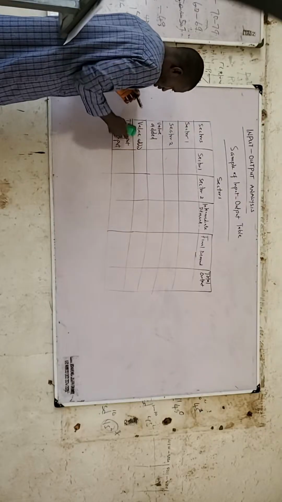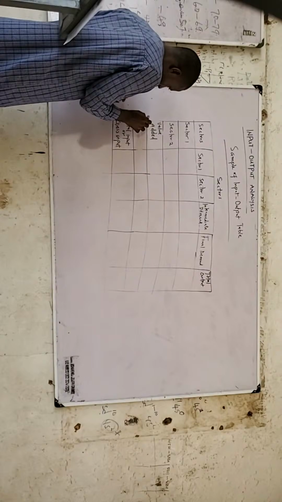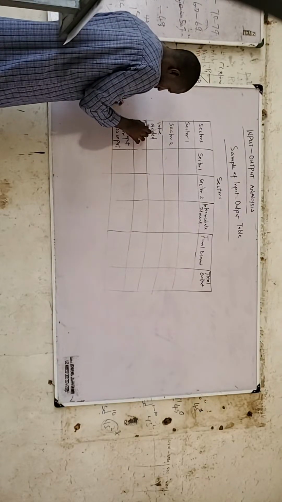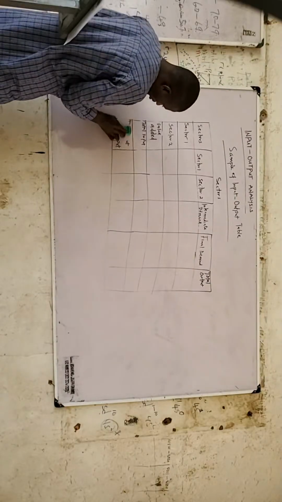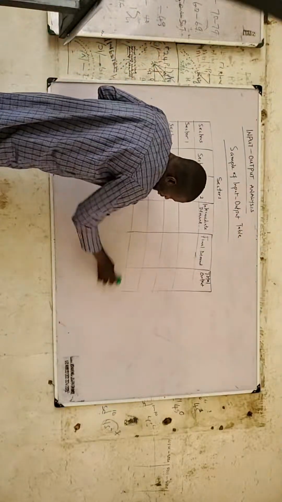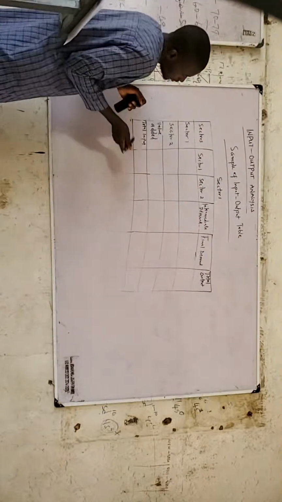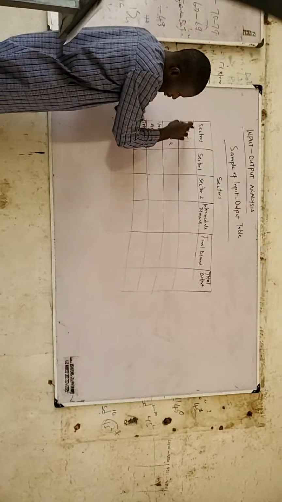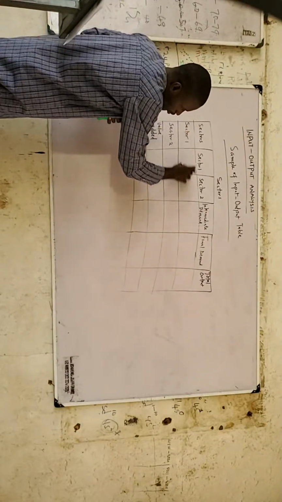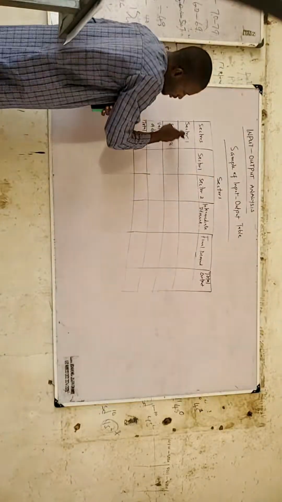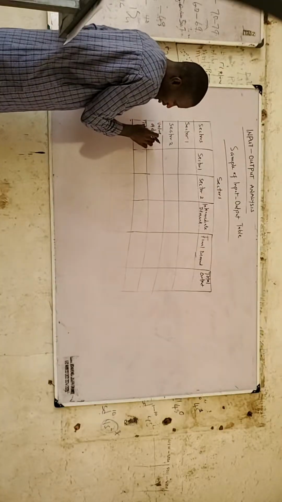Up to like 3 or 4. So let's say this one is the row 1, column 1, row 2, column 2. Then this one is the value added.